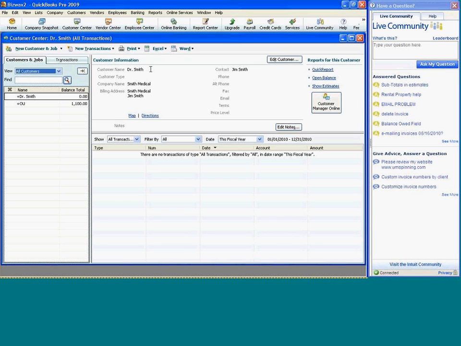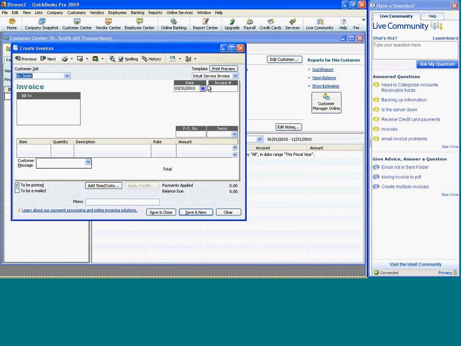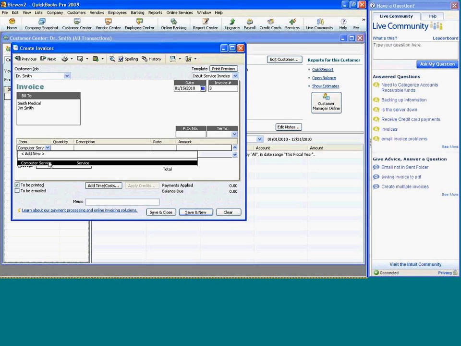Here we are, Dr. Smith. So we'll have a transaction against Dr. Smith. We'll say that on February 15th, he had a service, a computer service. And the computer service for Dr. Smith came out to $2,500.